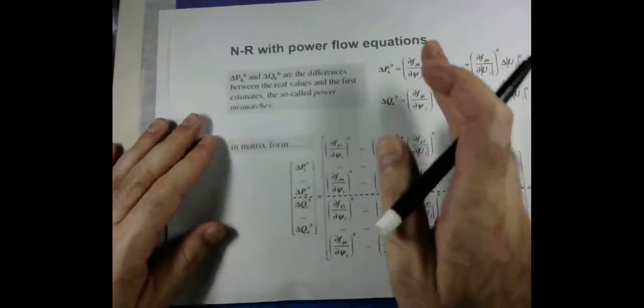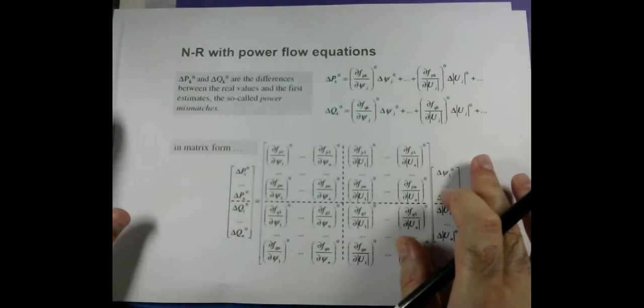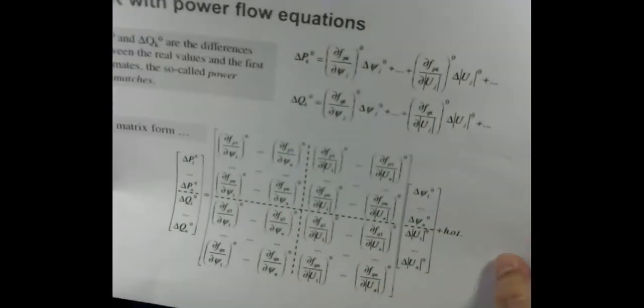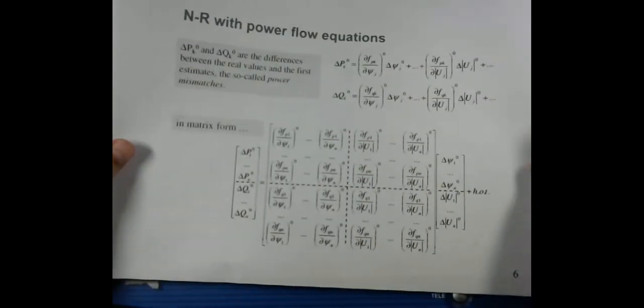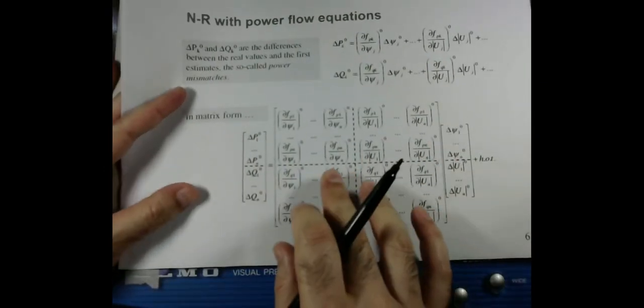On the left side we have the error, and on the right side we have these expressions. Let me discuss it here rather than writing, because it will take a longer time.